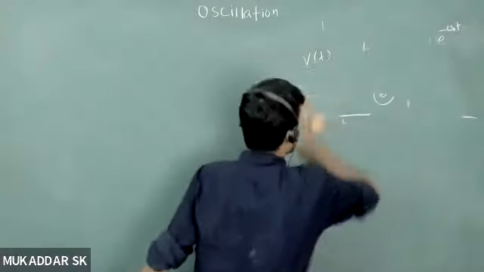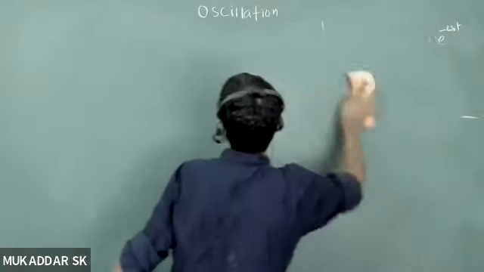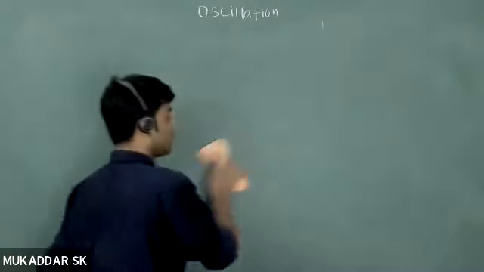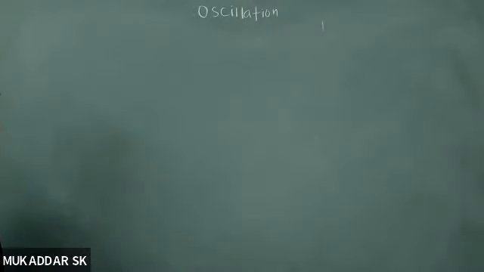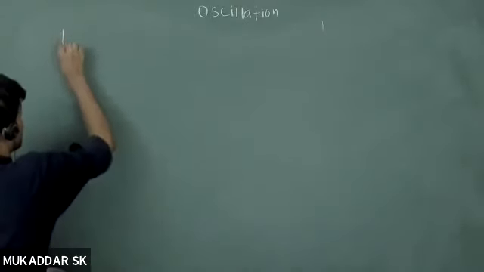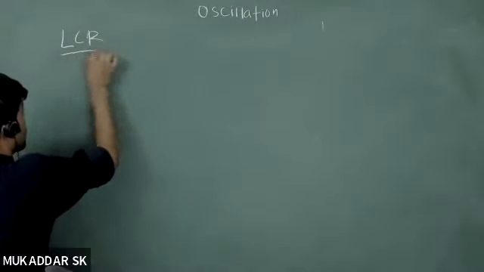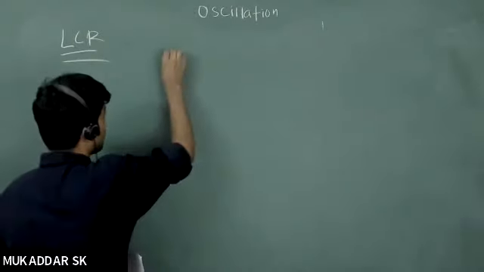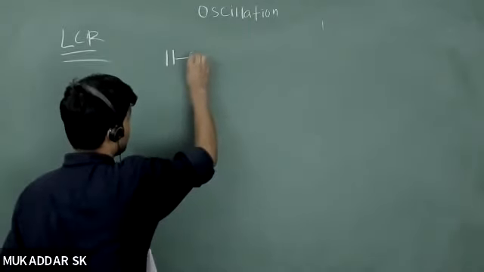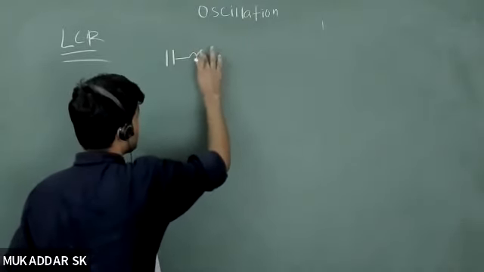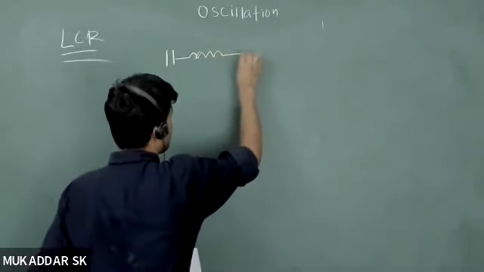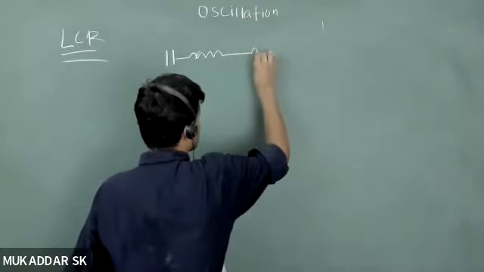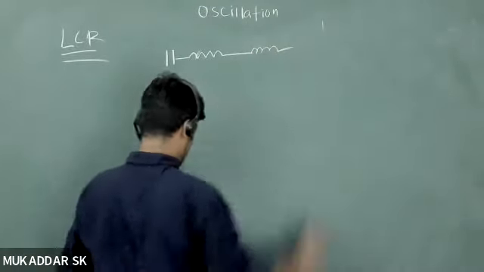Okay. Now LCR circuit. You know that the discharging of an LCR circuit also behaves like a damped oscillator. So suppose you have an LCR circuit. LCR circuit means you have a capacitor, then you have a resistance also, and you have an inductance also.